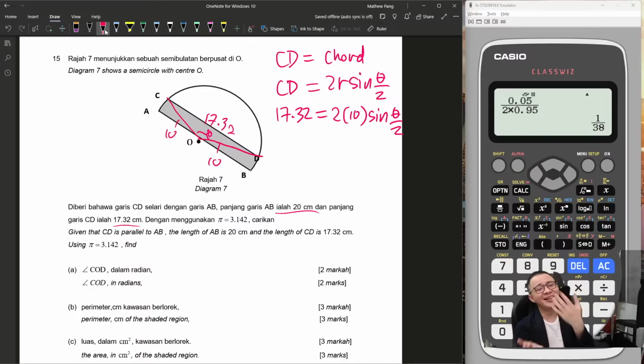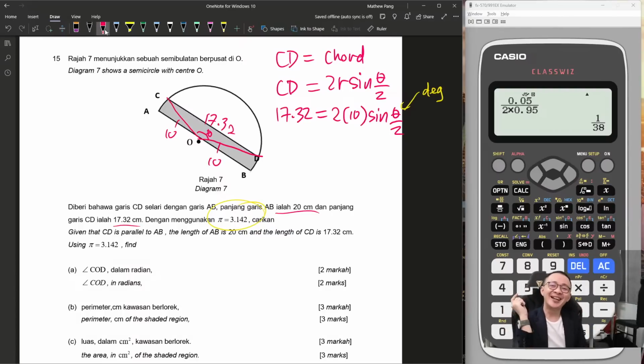I believe SPM teachers love your theta in degrees first, then you use the stupid pi there, 3.142, to change it back to radian. Whenever I do this, I'm very unhappy, but if I don't follow the stupid way, the third decimal will be different from the marking scheme, because nowadays calculators are very advanced.